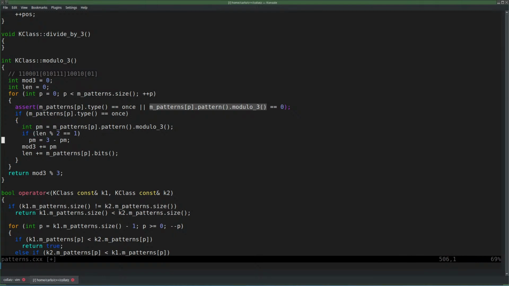This is an inversion. 3 minus 0 is 3. 3 minus 2 is 1, and 3 minus 1 is 2. It's all good. And we add that to mod 3. Now we do the modulo 3 at the end. Cannot go wrong.